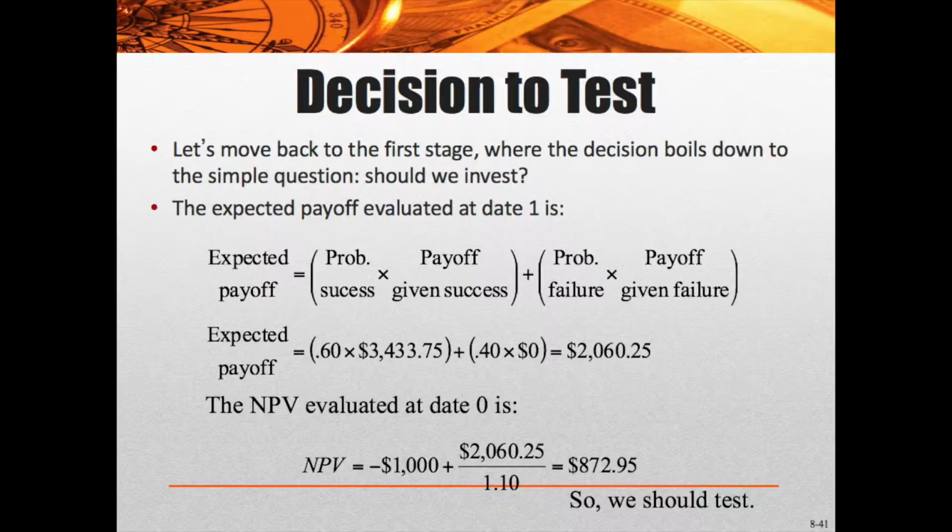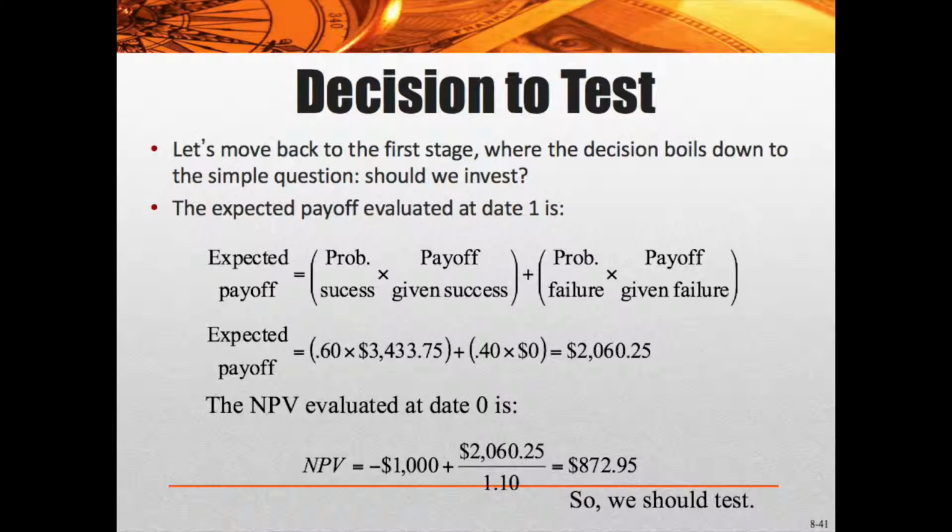In this case, 60% chance was the probability of success, and if we are successful, we make $3.4 billion. In the failure scenario, there's a 40% chance of failure, that we make nothing. And so if we multiply and add those together, we find that the expected payoff is $2 billion on this project. So the probabilities are high, the expected payoff is $2 billion.